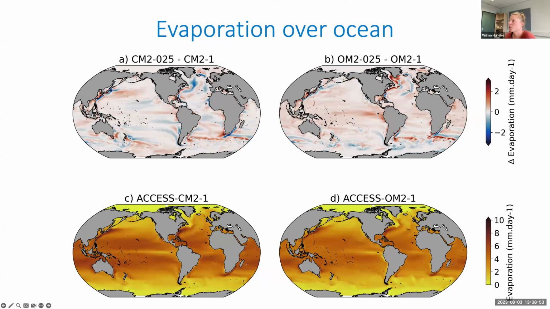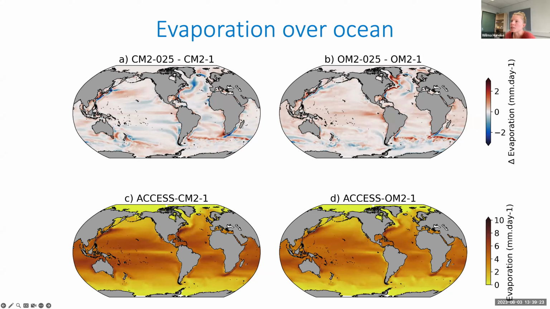Here I'm showing evaporation, so just a different field. Again, on the left, the coupled model, on the right, the ocean only model. And on the bottom is the full field from the 1 degree, and then on the top is the anomaly between the 1/4 and the 1 degree. So yeah, here I just want to highlight again these regions where we have large eddy activity.